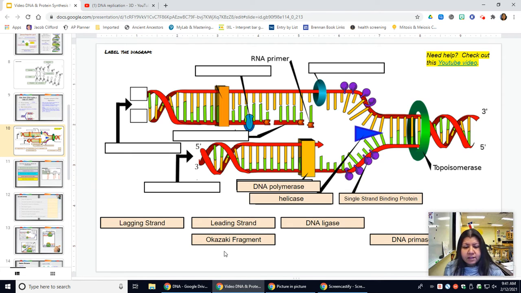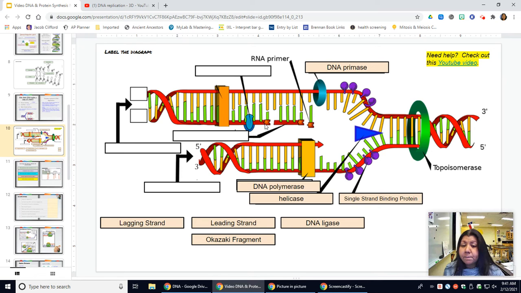So that one is going to be my primase. Okay, all right. So lastly, for this top enzyme, here's another DNA polymerase, because DNA polymerase has to work on both sides. And I can see that this little enzyme looks kind of like a flower.